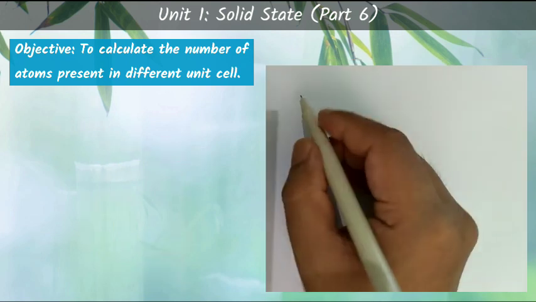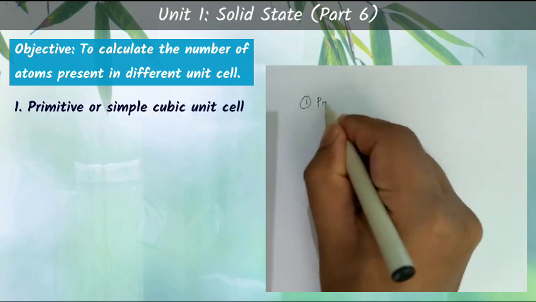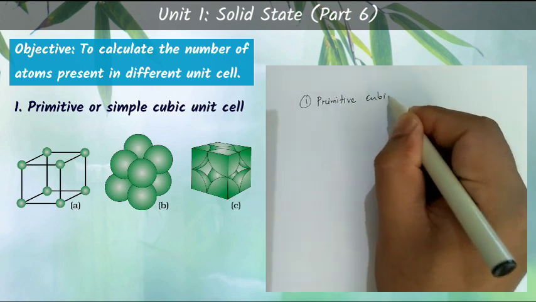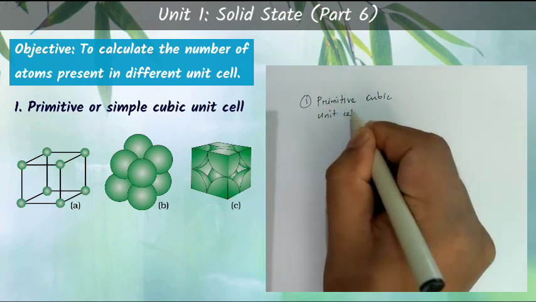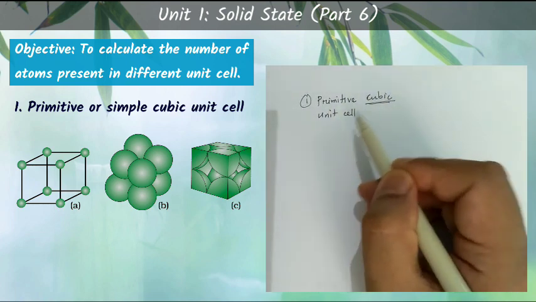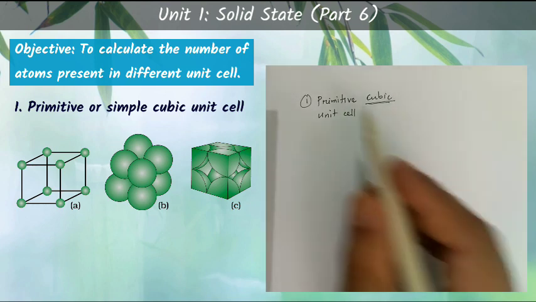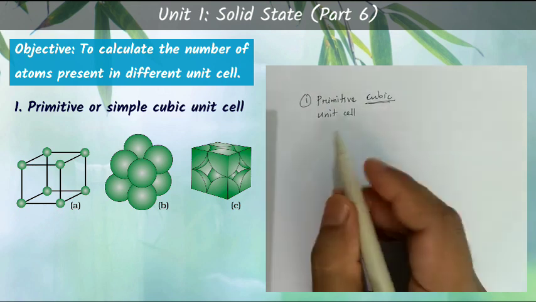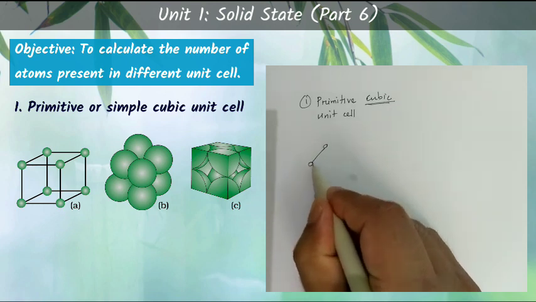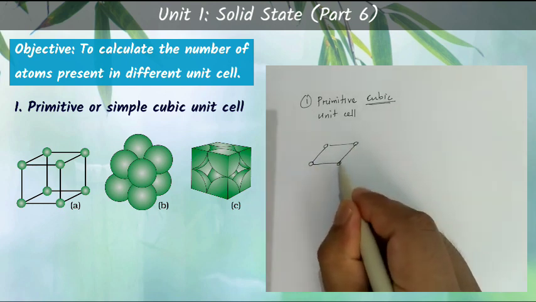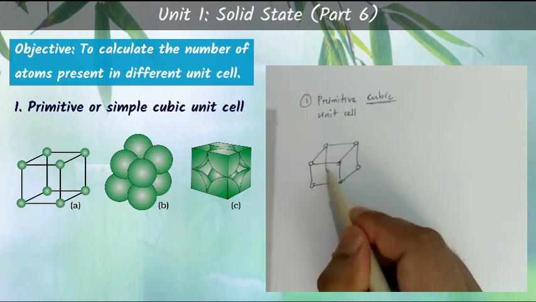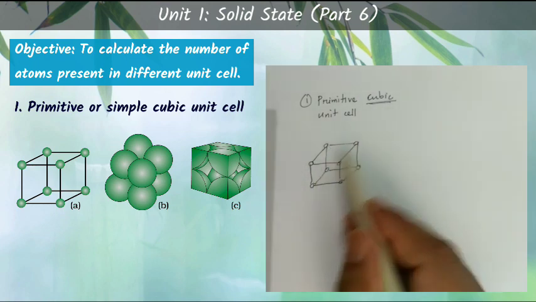So at first we are going to discuss the primitive cubic unit cell. Specifically, we're going to discuss the primitive cubic unit cell. Now we know that in the case of a primitive or simple unit cell, let's suppose this is the unit cell, the 8 corners of that unit cell will be occupied by the constituent particles.